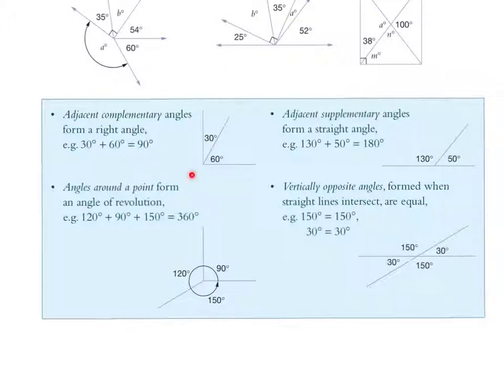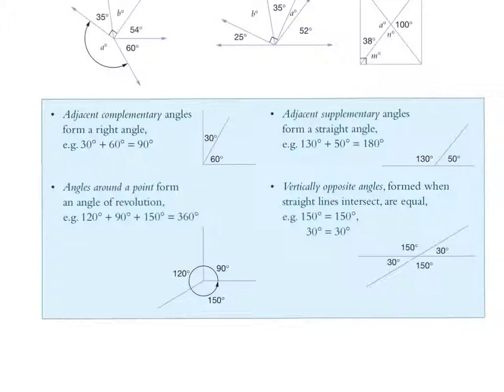Okay, the third type is angles around a point, and these always add up to 360. You could have any number of angles around the point. This one has 3 angles: 120, 90, and 150. You can see the equation there. They add up to 360 degrees.